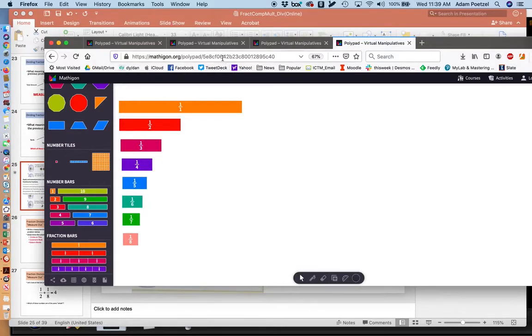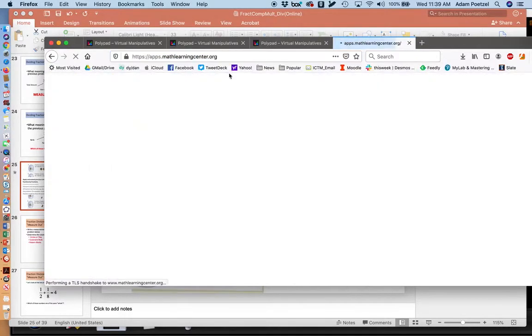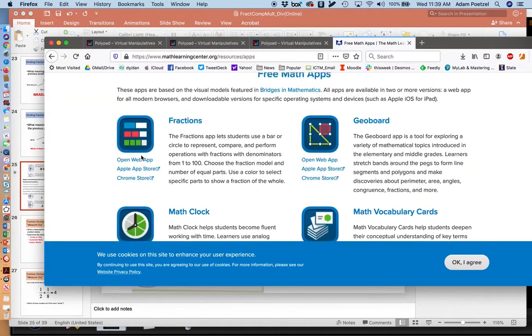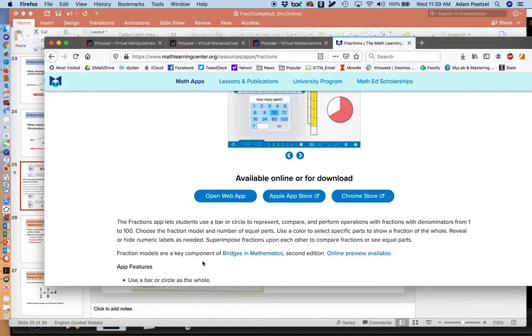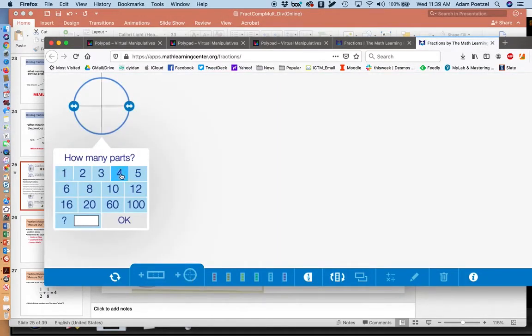Let me go to a different one here. I was on the wrong site. This is mathlearningcenter.org, and they have a nice fraction tab to look at that we can pull up here. Okay, there we go.